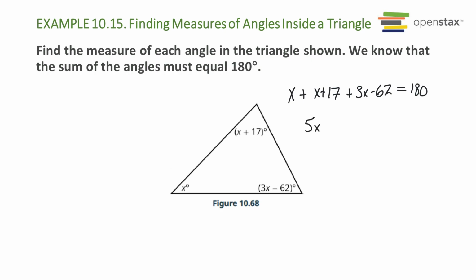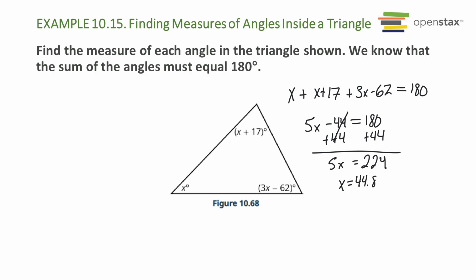That gives us 5x, and then we've got negative 62 plus 17, which is negative 45... negative 44 equals 180. Again, that's a one-step type of linear equation: we add 44 to both sides. So we get 5x equals 180 plus 44, which is 224. Then if we divide by 5, that gives us x equals 44.8.